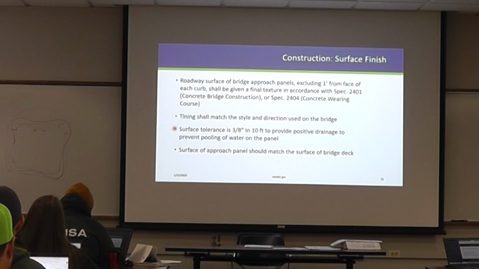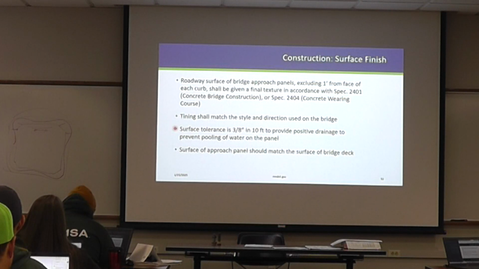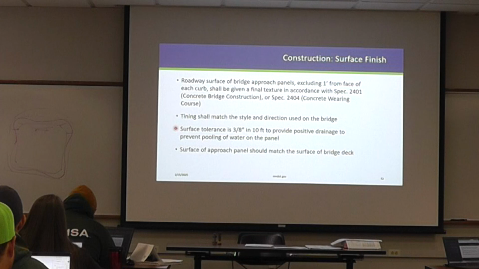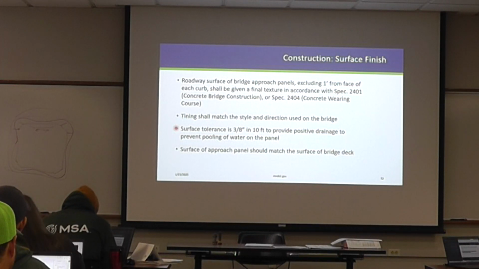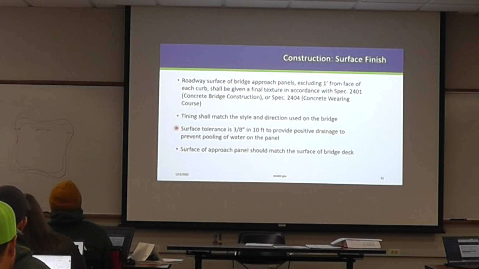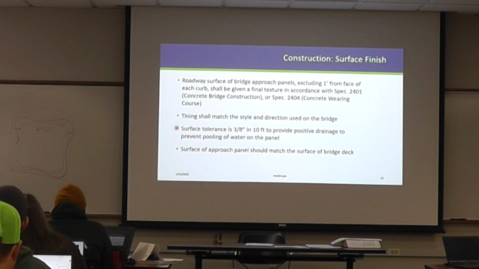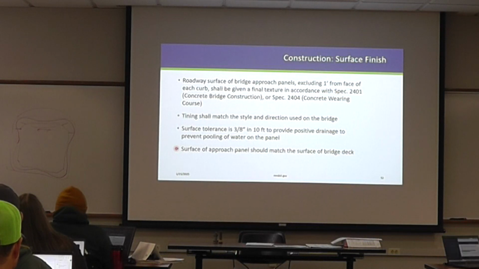And then there's a surface tolerance of 3/8 of an inch in 10 foot. That's really just to make sure we still provide positive drainage and prevent pooling of water on the approach panel. I've seen a lot of approach panels where there's pooling of water by the joint, and it's not ideal, but I understand it does happen. We're trying to avoid that if possible. And yeah, the surface of the approach panel should match the surface of the bridge deck.